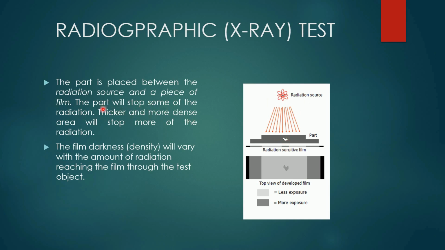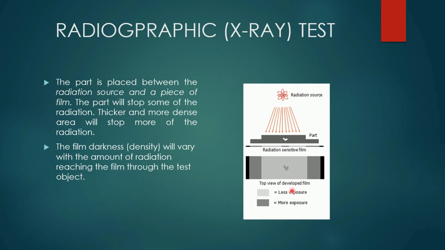The part will stop some of the radiation, because the part is solid, so it will absorb some radiation. Thicker and more dense areas will stop more of the radiation. The thicker the path is, the more radiation will be absorbed.